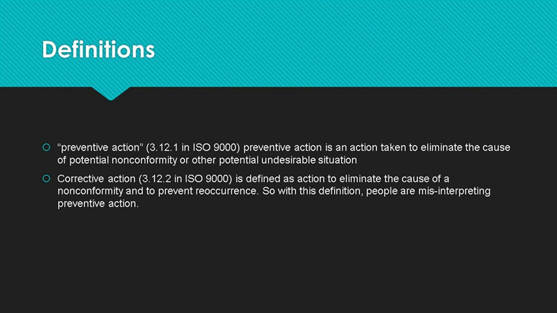Now let's look at corrective action, which is section 3.12.2 in ISO 9000. It is defined as action to eliminate the cause of a nonconformity and to prevent reoccurrence. So with this definition, when people say the preventive part of corrective action is their preventive action, they are misinterpreting the definition of the terms.